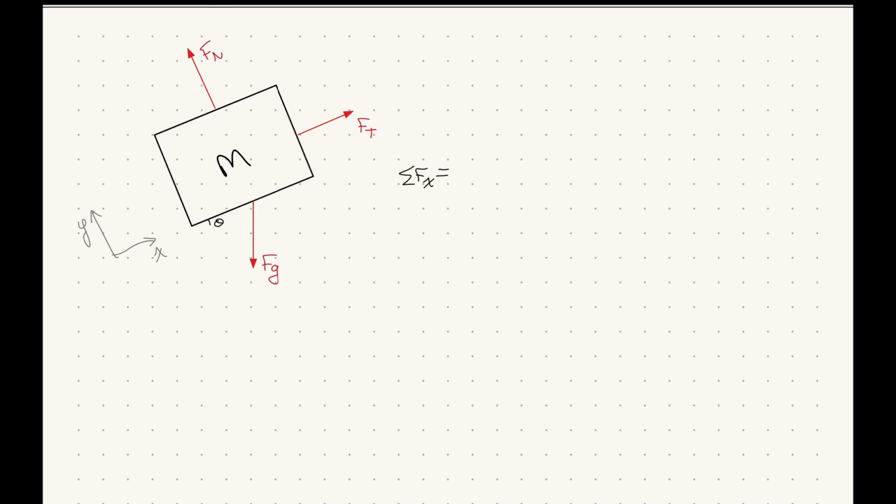Now, when looking at these forces, we see that the normal force is fully aligned with the positive y direction, so we don't need to write that here. Our tension force is fully in the x direction and it's positive, so we'll add that in here. So we'll have positive tension force. Now, let's look at our gravitational force.